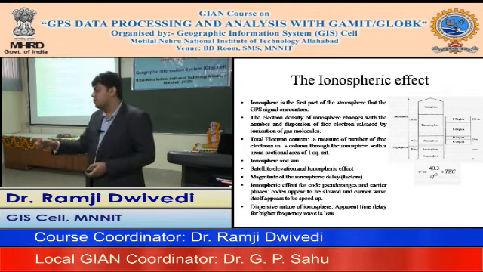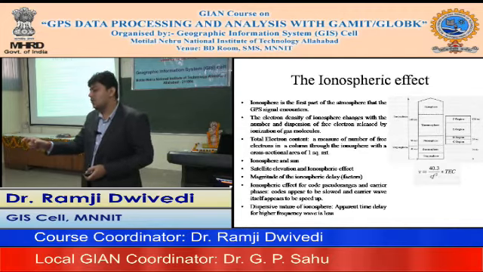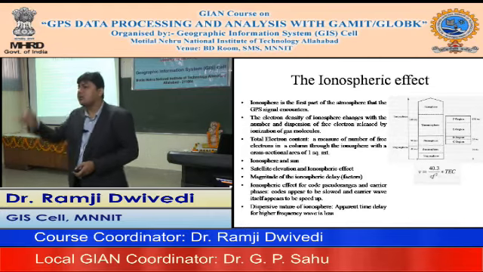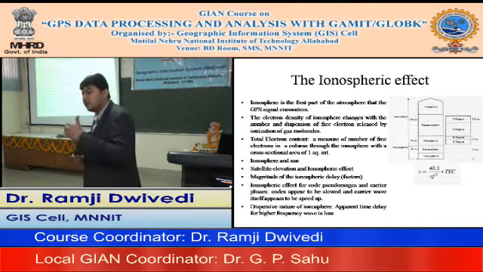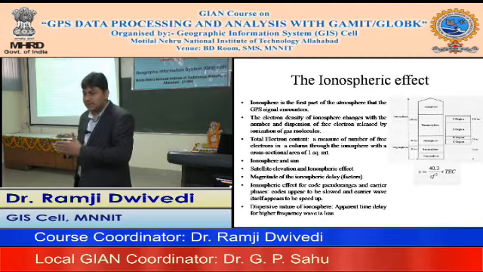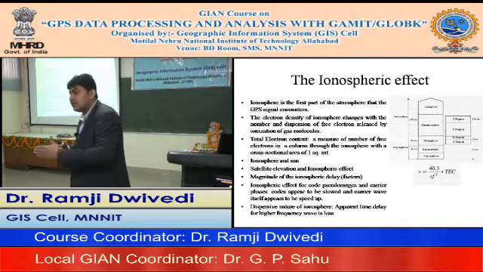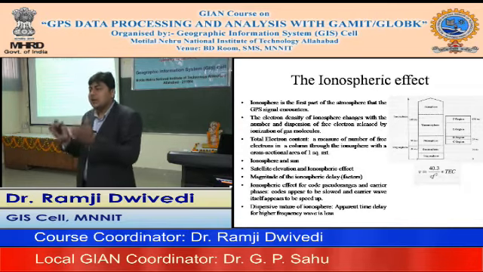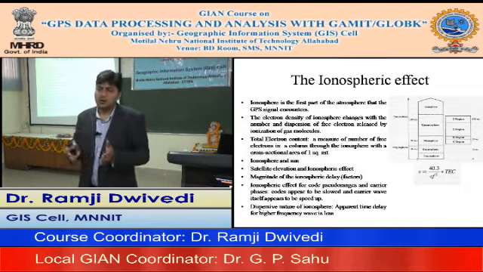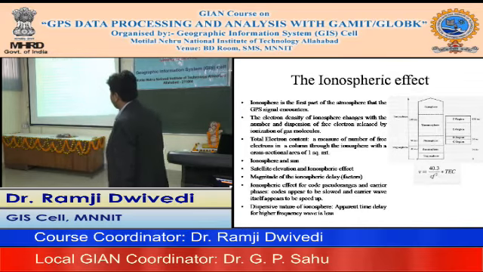The DGPS approach says that if the baseline distance between base station and rover increases, you are not very sure how much of the atmospheric effects are being cancelled out. So when using DGPS you have to have a limit on the baselines. If the baseline increases beyond 200 kilometers, you cannot be sure that after performing DGPS the error because of the ionosphere has been accounted for. So differencing of observables is also helpful to a certain extent.